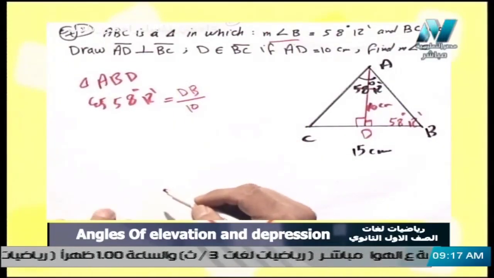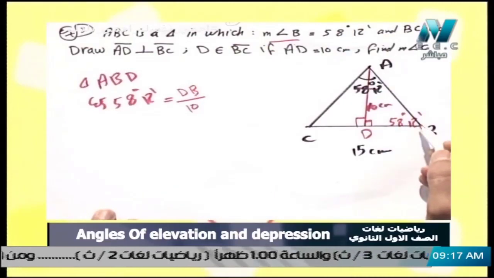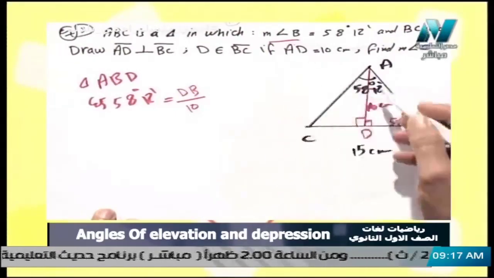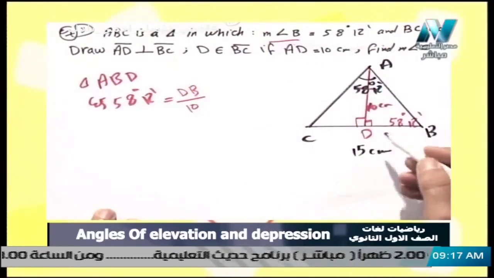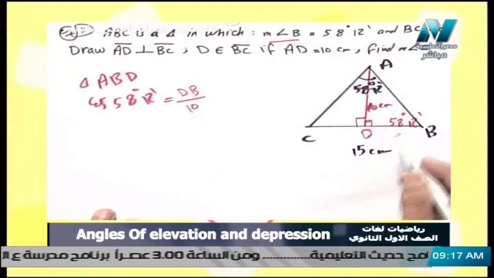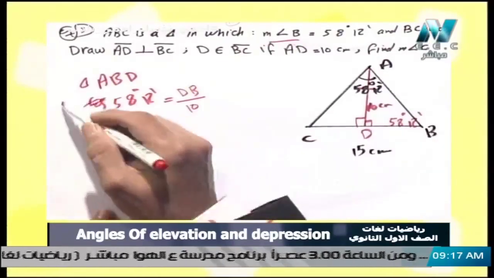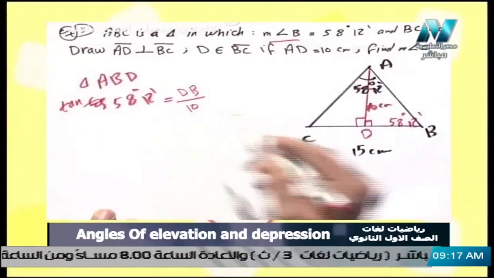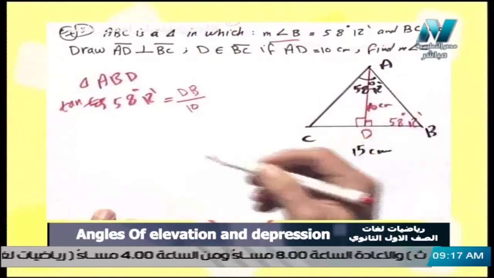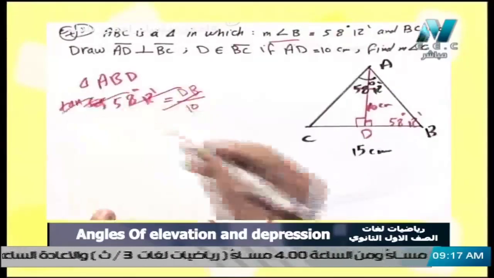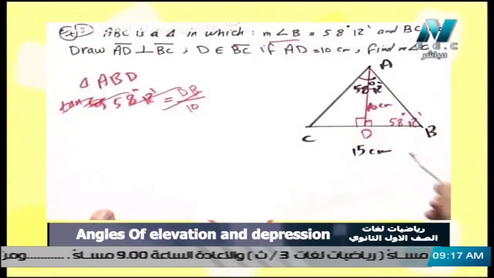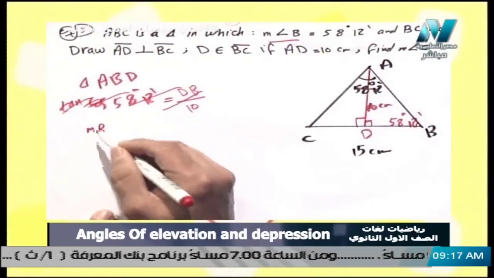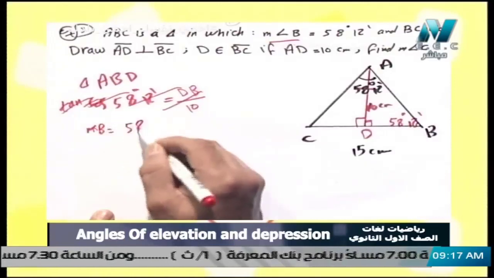Okay, we have here AD equals 10, so it is not cosine, it's tan. Tan 58 and 12 equals AD. Sorry, we'll start in triangle ADB. We have the measure angle B here equal to 58 and 12.